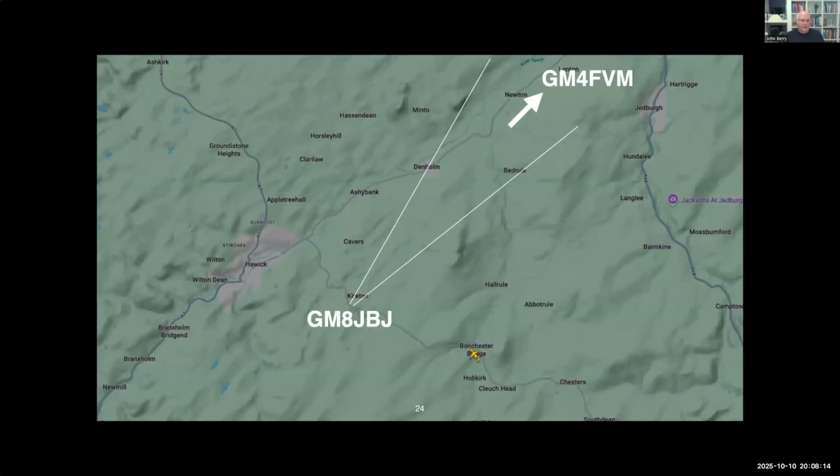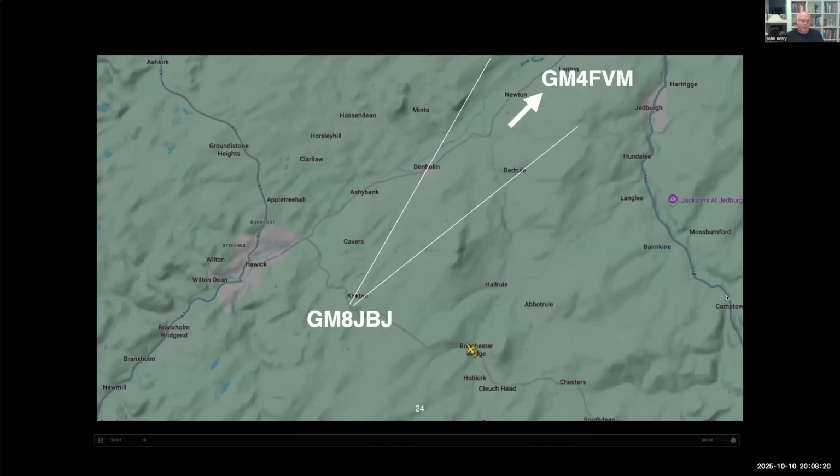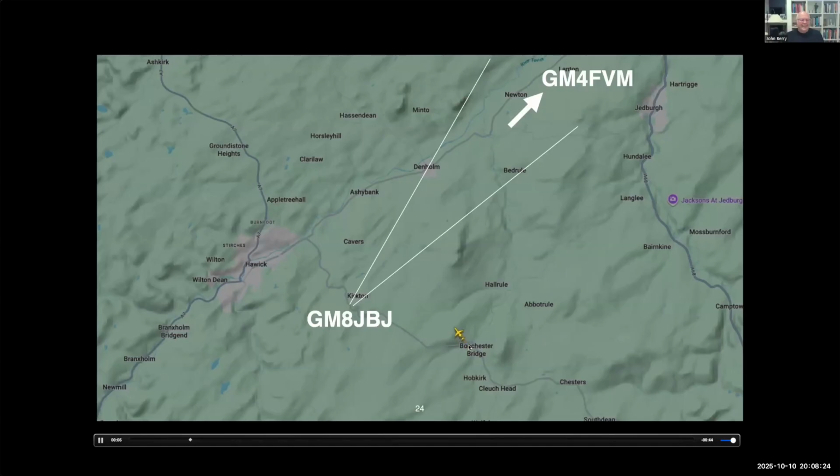Here we are. He's over on the coast, GM4FEM, and there's me. And here's a little aircraft, a little simulation. Here comes a little airplane coming out of Bonchester Bridge. And it's going to come inside the beam width of my antenna in a few moments.